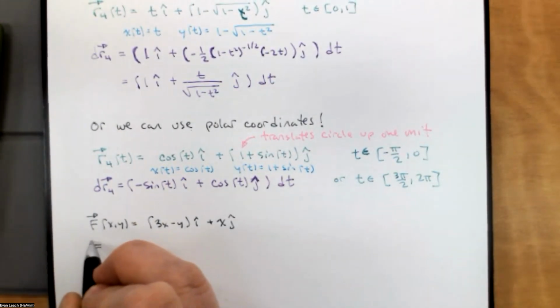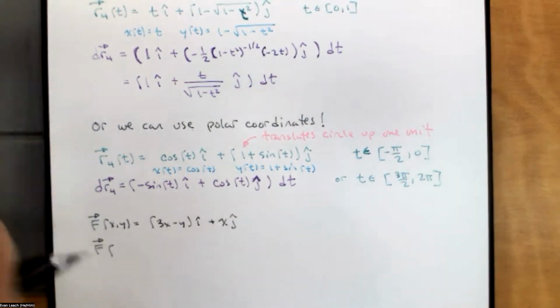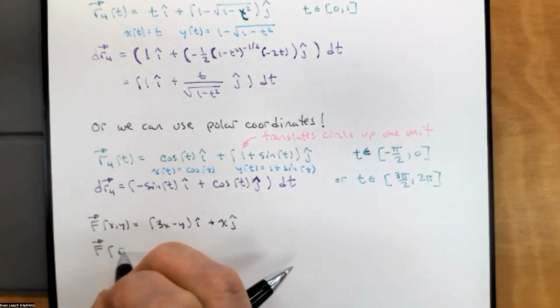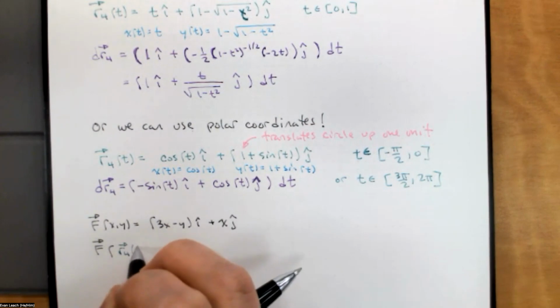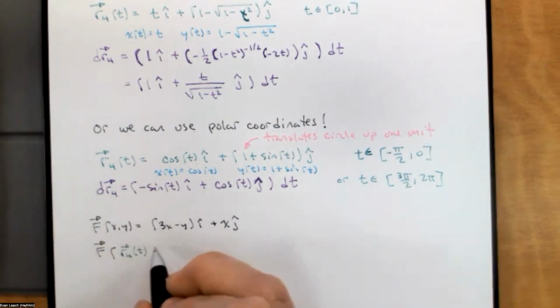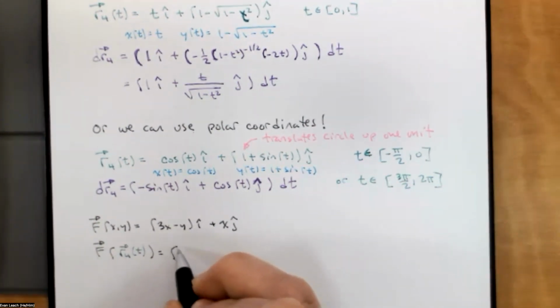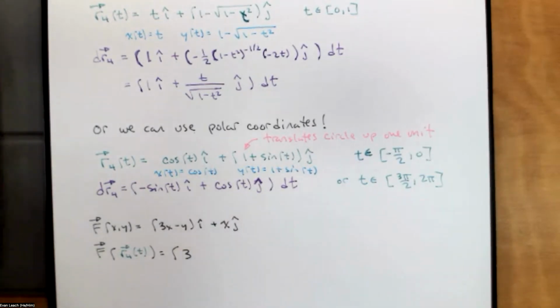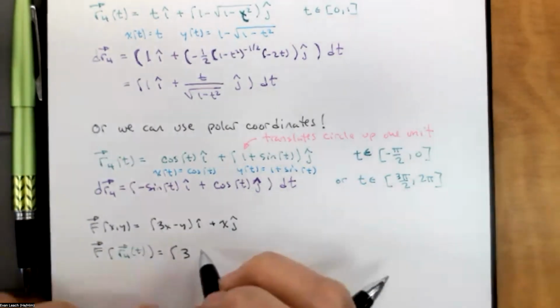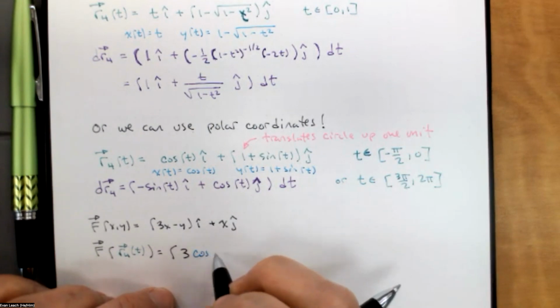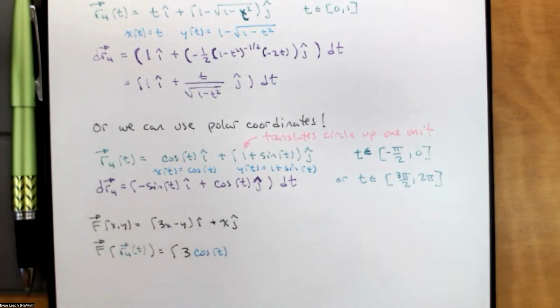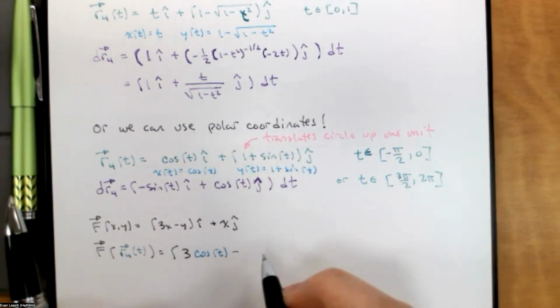That would look like, so x is cosine of t, so 3x minus y.